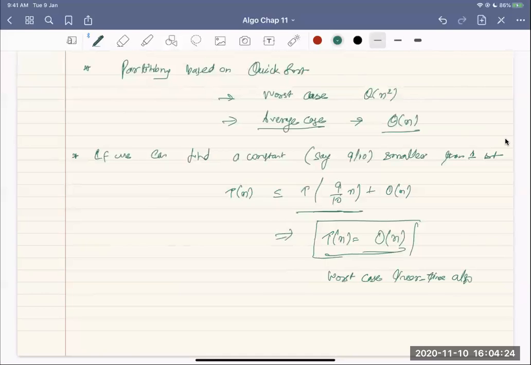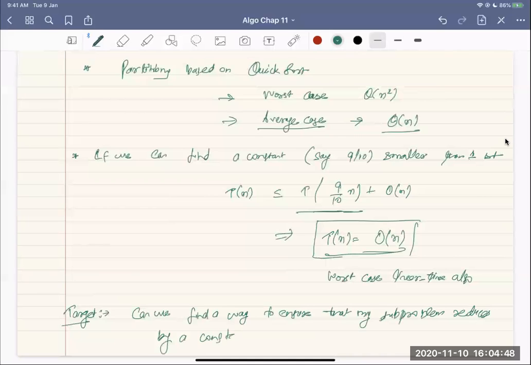So now essentially our target is, can we find a way to ensure that my subproblem reduces by a constant factor. Constant factor, but not by a constant number, but constant factor every time. And that is what gives rise to a very interesting problem for this selection or order statistics.